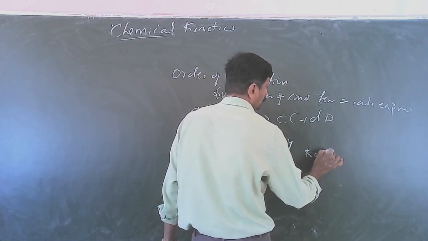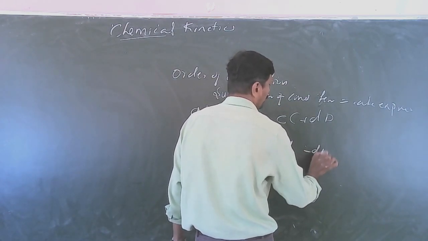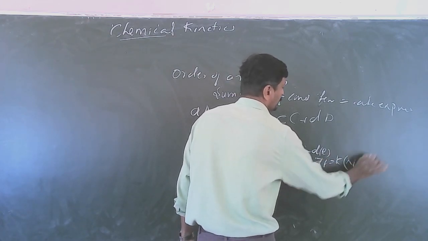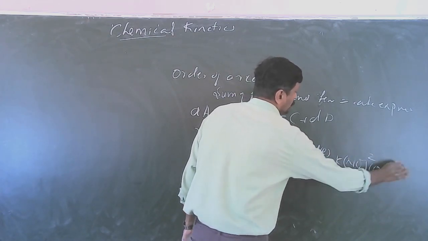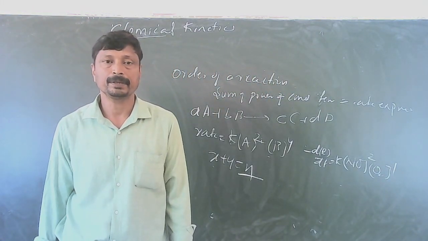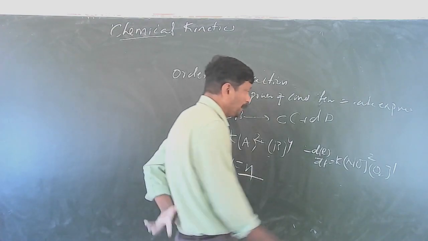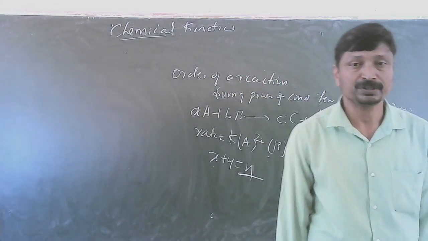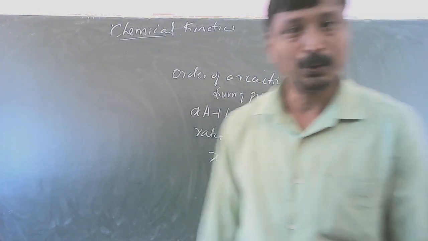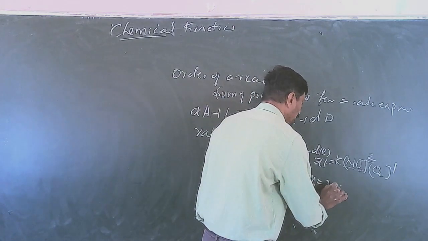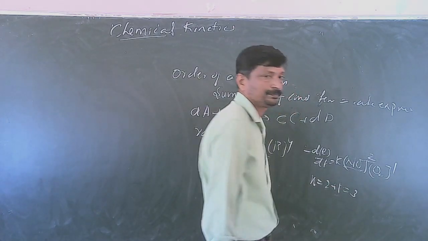Rate, minus dR by dt, is equal to k into the molar concentration of NO squared times O2. The order with respect to NO is 2, the order with respect to O2 is 1, and the total order of the reaction is 2 plus 1. n is equal to 3.